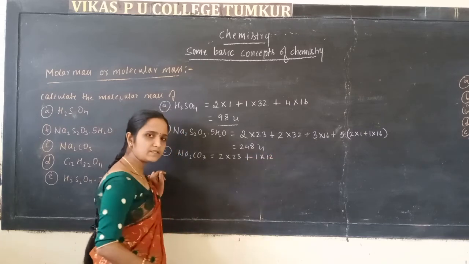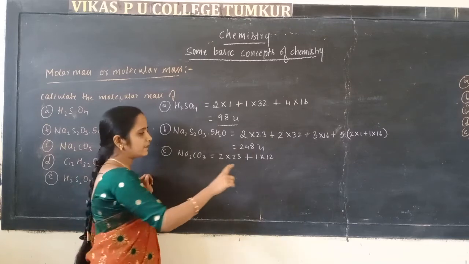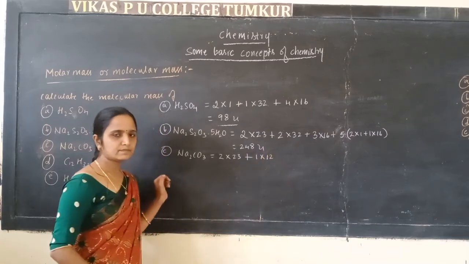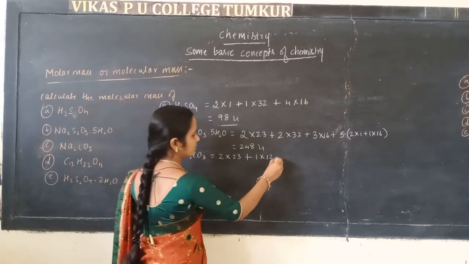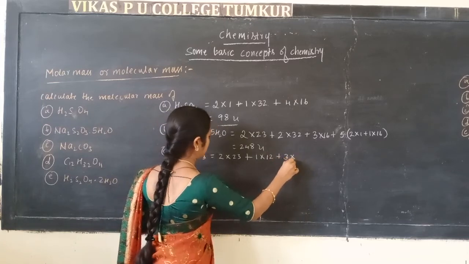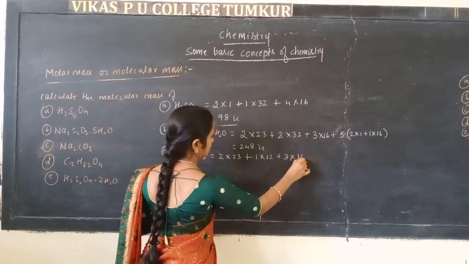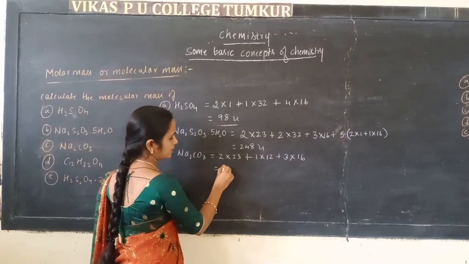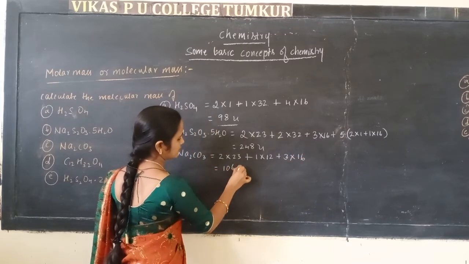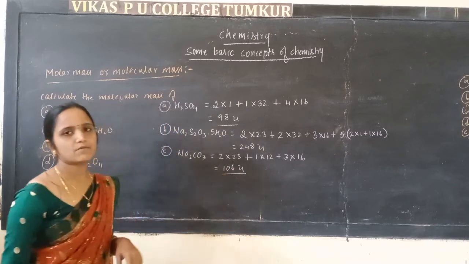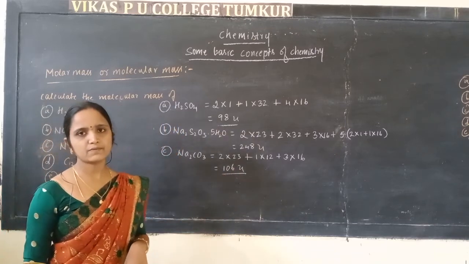Instead of 12.0114, it can be rounded up to 12. Then plus 3 into 16. On calculating this, we get 106 unified mass.